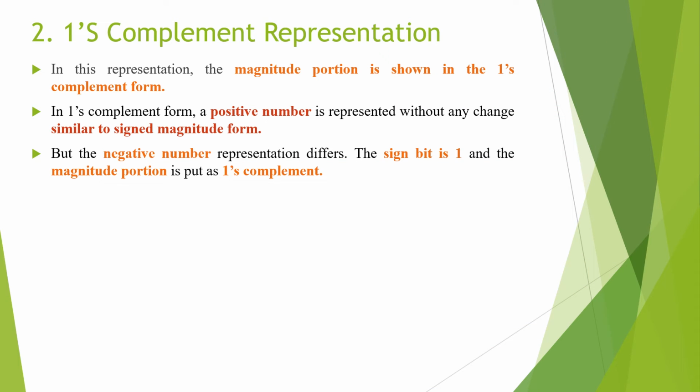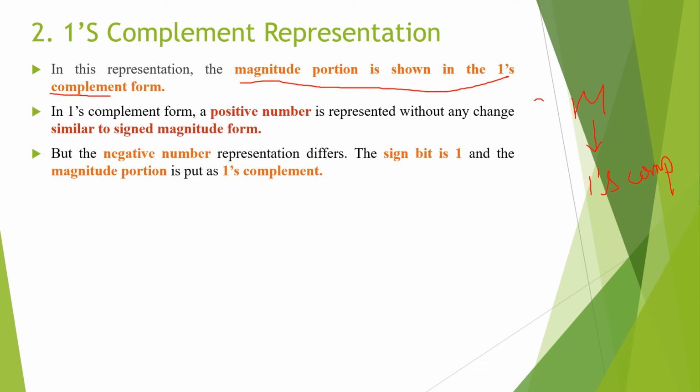So this is the way you represent in sign magnitude form. Your second method is called ones complement representation. In this representation, the magnitude part is shown in ones complement form. We have two parts: the sign bit and the magnitude bits. For the magnitude bits, you take the ones complement, then include your sign bit, following what is done in sign magnitude form.